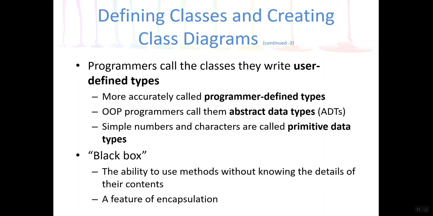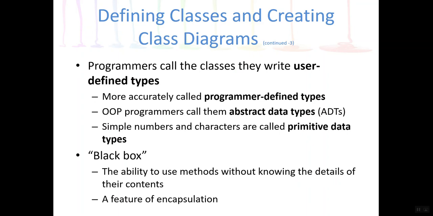They're also called programmer-defined types or abstract data types. Unfortunately, this chapter really slams us with terminology. But all of those refer to the same thing: the fact that we can create our own type of data, such as dog. This is in contrast to the primitive data types we've been working with prior.